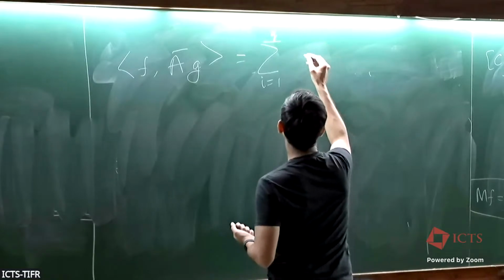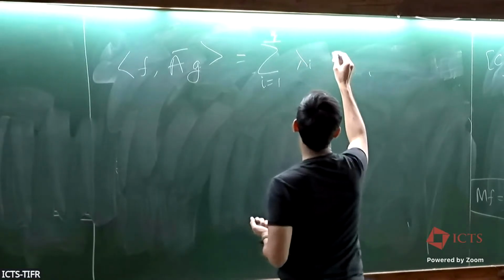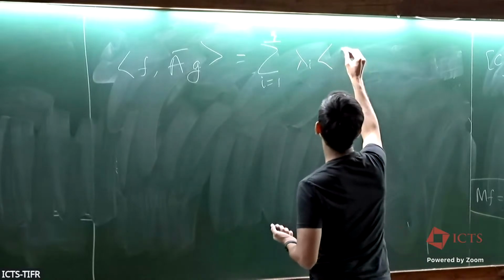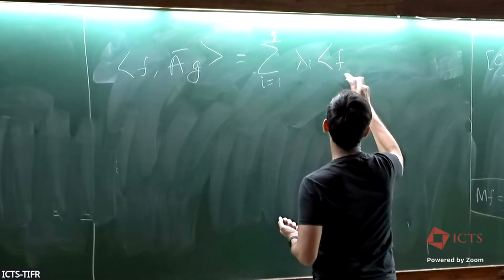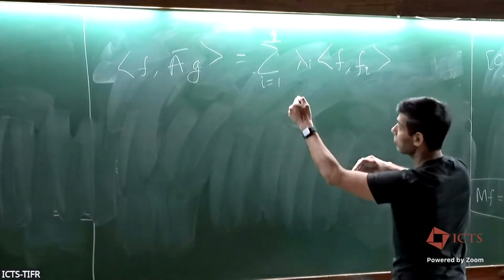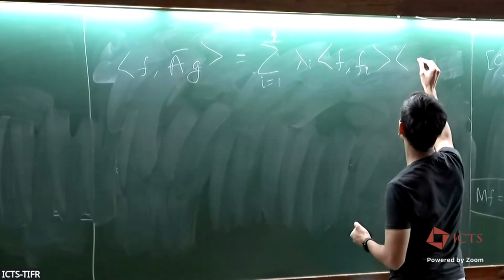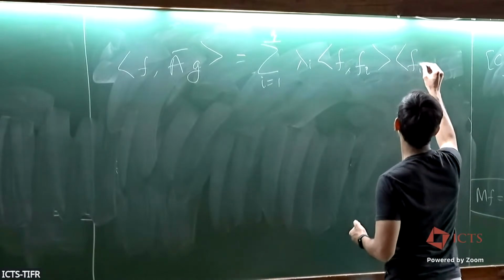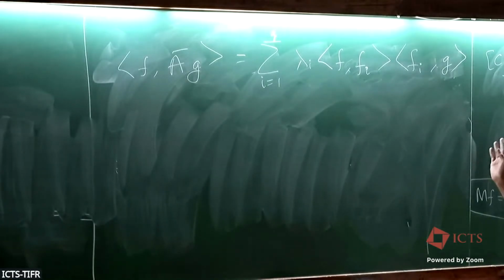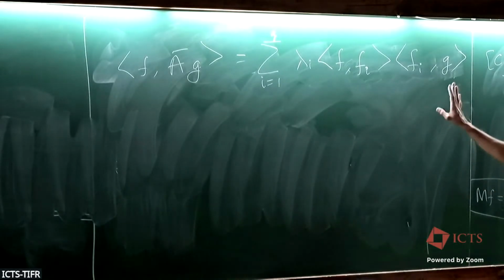If the Fi's are the eigenvectors of A bar, then what you will get by multiplying F from one side and G from the other is... everyone okay with this, just the first step?